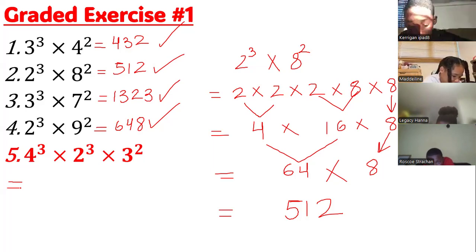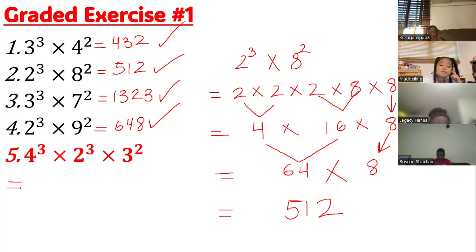What did you get? 4,608. Okay. Legacy, did you do number 5? Yes, sir. What did you get? 4,578. Say it again. 4,578. Oh, you need to correct that.